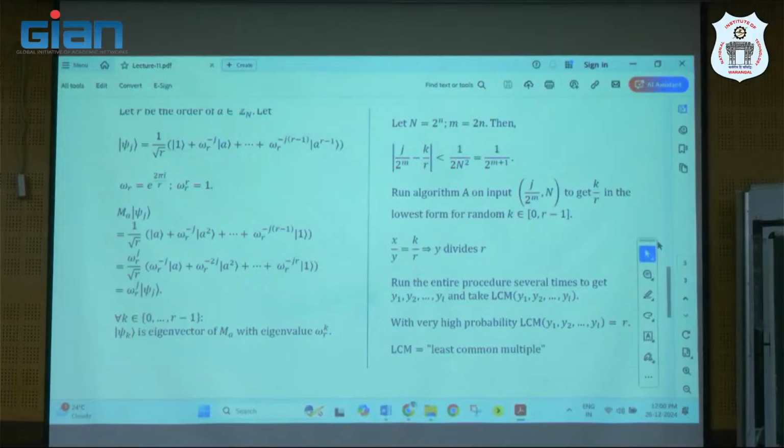We will argue later on. With very high probability, their LCM is actually equal to R. Each time there is a different K, because it is a random K. You don't even know what the K is. The only thing you know is that Y is dividing R. You take a bunch of them, take their LCM. That will be equal to R with high probability.